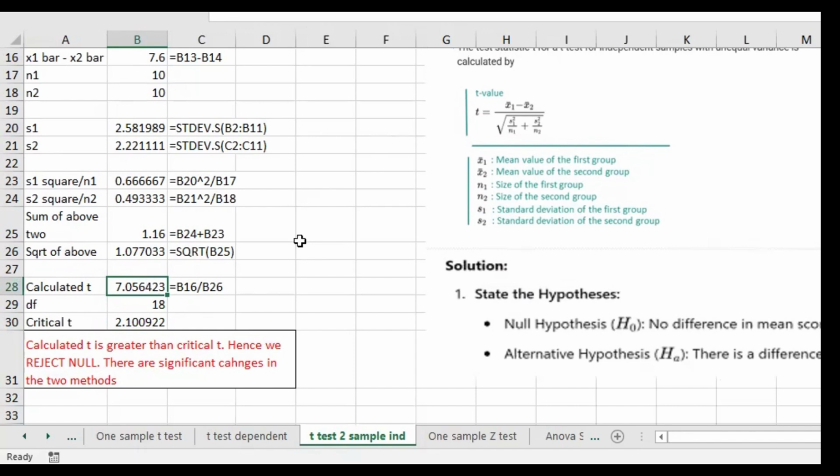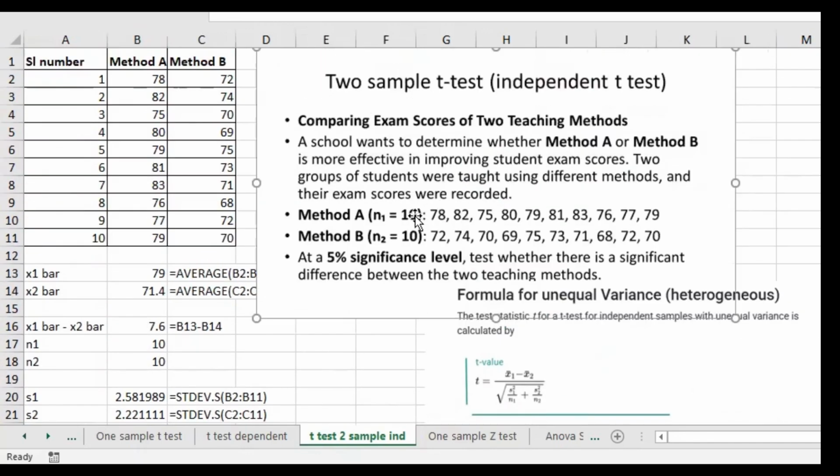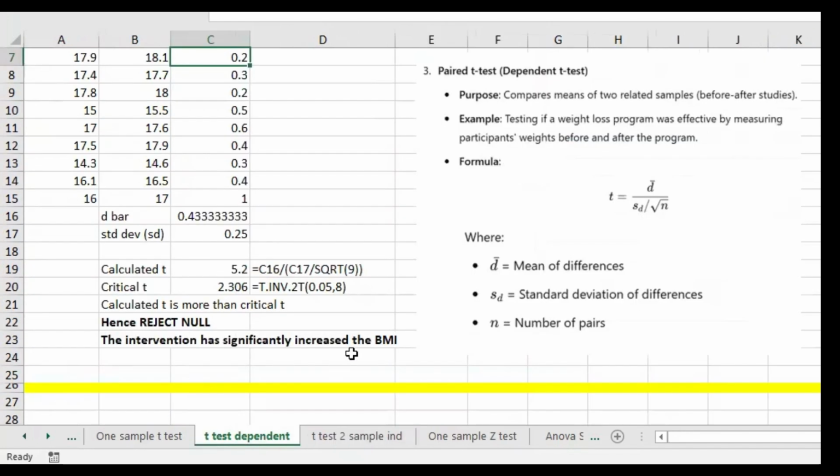And in that case, we reject the null hypothesis, which said there is no difference between the means. Alternate, two-tailed test, there is a difference. That means between the training programs of method A and method B, there is a significant difference between the two. So that is how we conduct t-test.